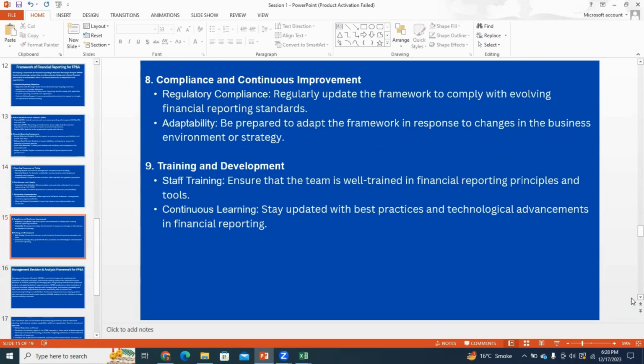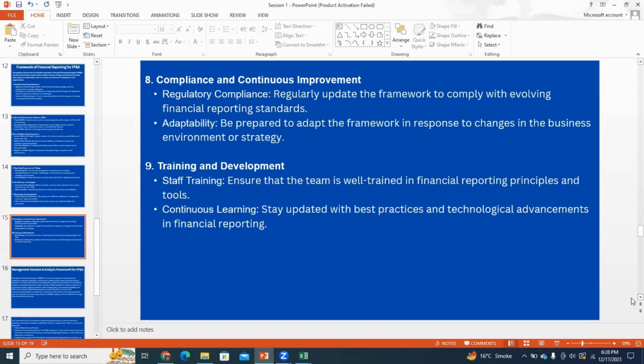The next thing it says is compliance and continuous improvement. Yes, the report should be compliant with IFRS, with US GAAP, and with the Companies Act. Whatever act the respective company or country follows, it should be compliant with that act.